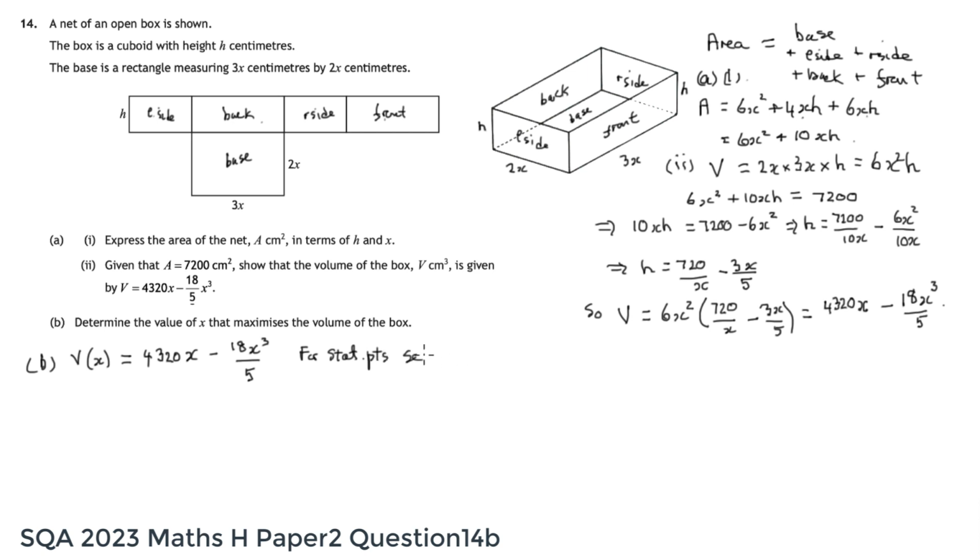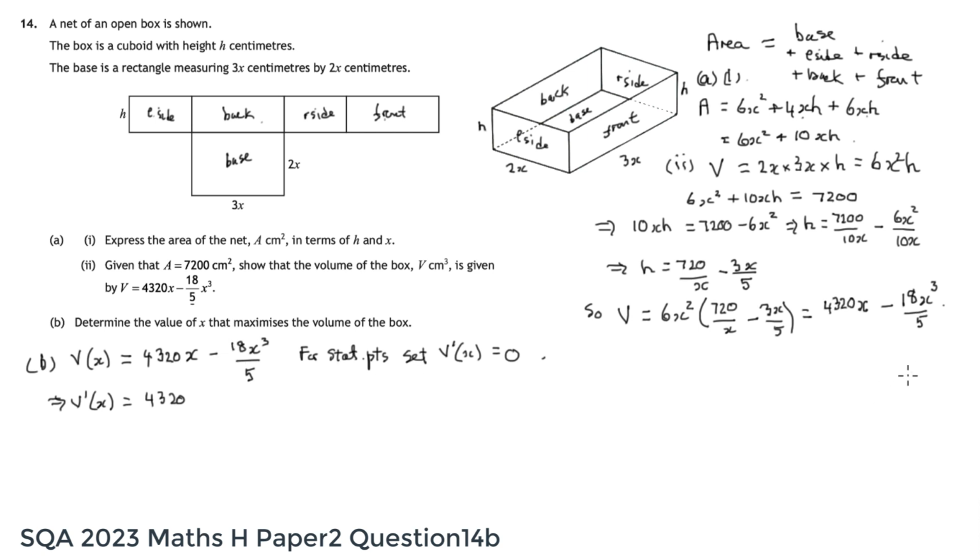We'll set v dashed of x equal to 0. So let's differentiate this expression. It's our first task. So 4,320 times x will become 4,320. And we've got 18 over 5 times x cubed. So we bring the power down to the front and multiply.